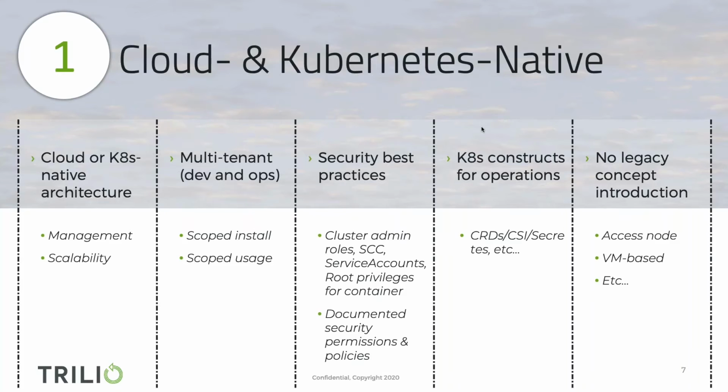And then finally, Kubernetes abstracts so many different layers to make application delivery faster that you need to be leveraging those constructs and items for your operations as well. And similarly, we do not want to be using any concepts of access nodes or anything legacy based to, again, present a bottleneck in terms of performance when you want to scale the environment.